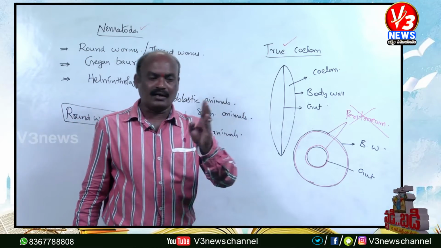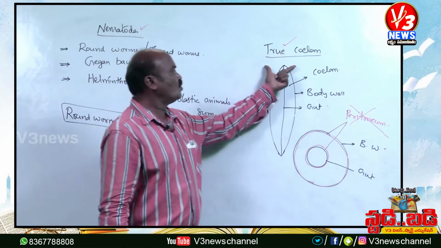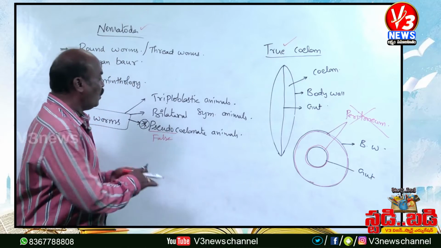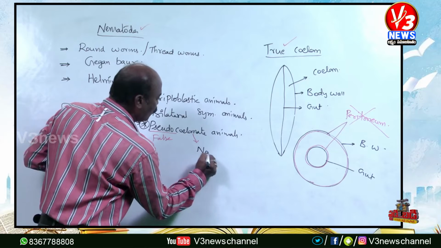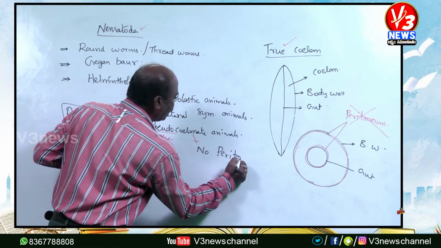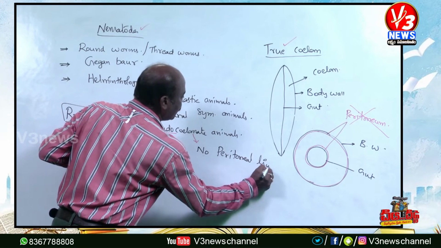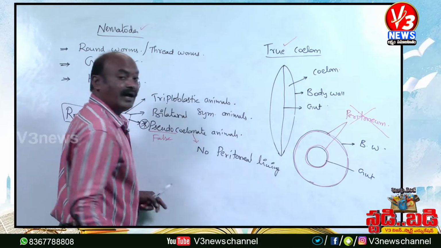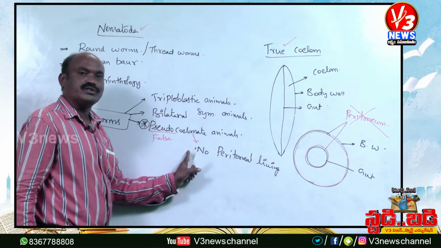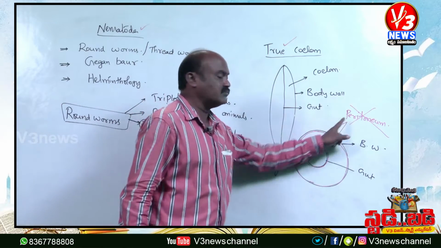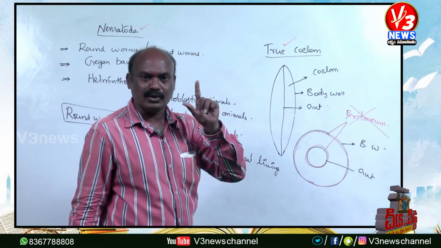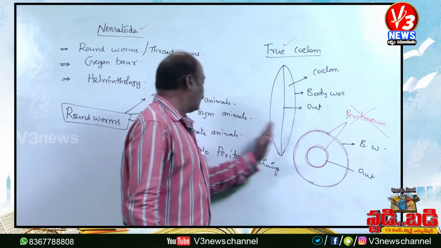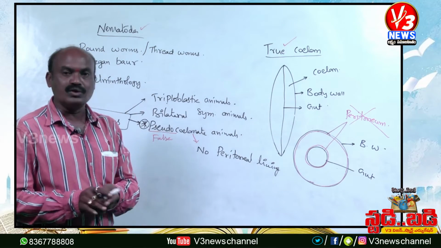Once again, the difference between true coelom and pseudocoelom: pseudocoelom means there is no peritoneal lining. If the peritoneum is present, that is a true coelom.